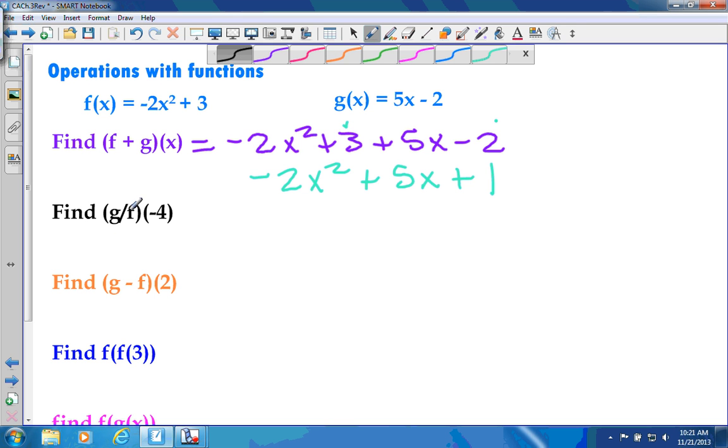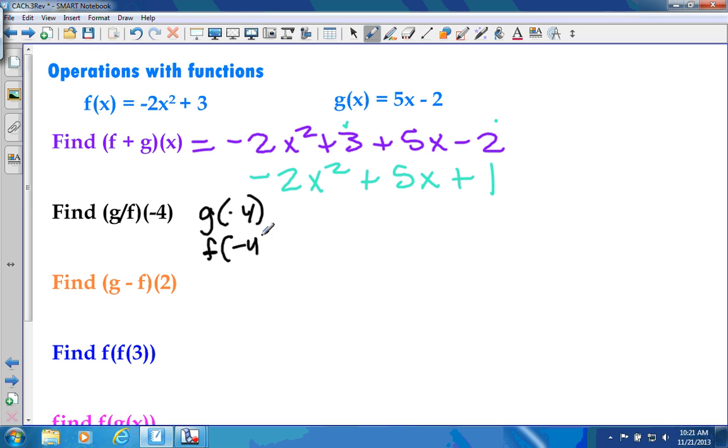If you're trying to do g divided by f of negative 4, you need to figure out what both of those two values are, g of negative 4 and f of negative 4. For g, it's 5 times negative 4 minus 2, which is negative 22.